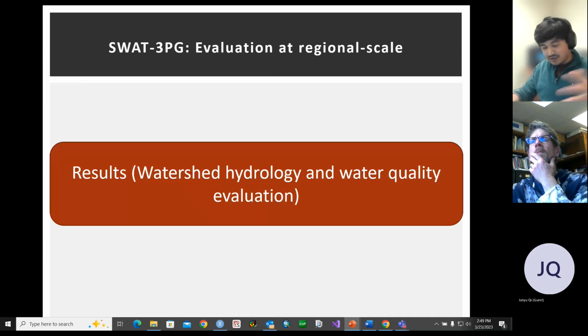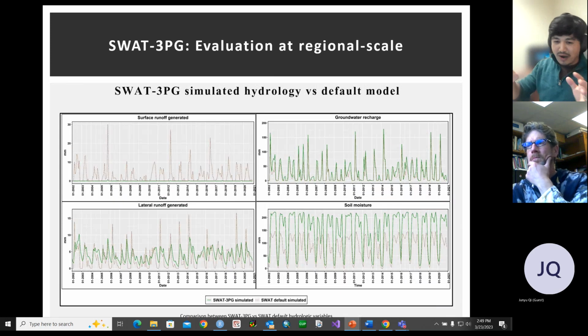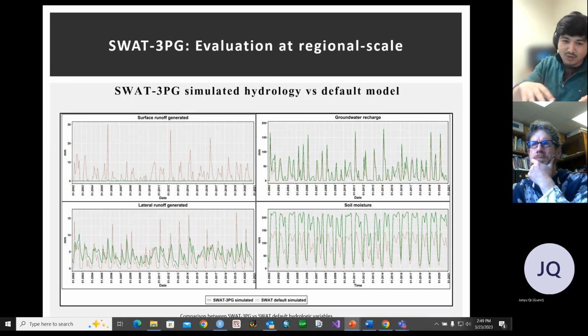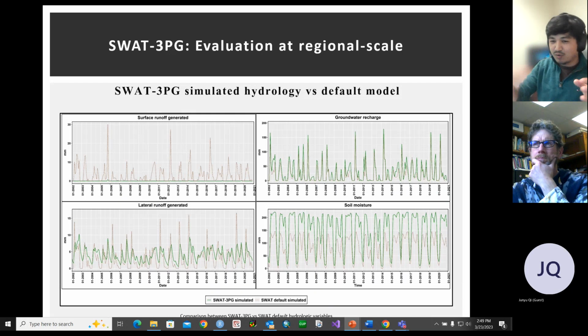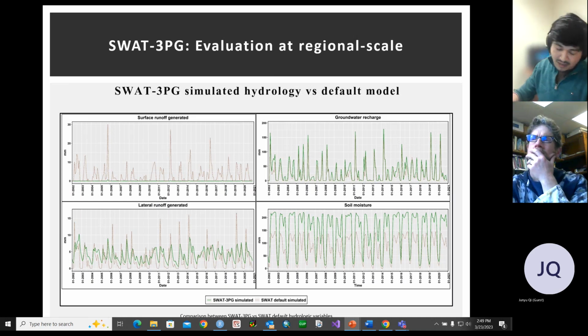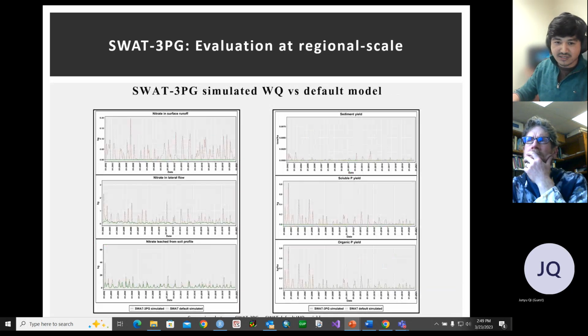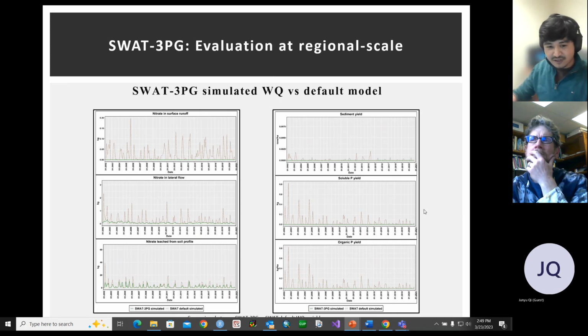After that, we did some preliminary evaluations on how our SWAT 3PG compared against default SWAT for these hydrological components. So how did groundwater recharge change, soil moisture change, surface runoff change, and the model showed improvement in those aspects as well. Not just carbon, but the model showed improvement in simulating these different hydrological variables. We also did some evaluations for water quality like nitrates, sediments, phosphorus.